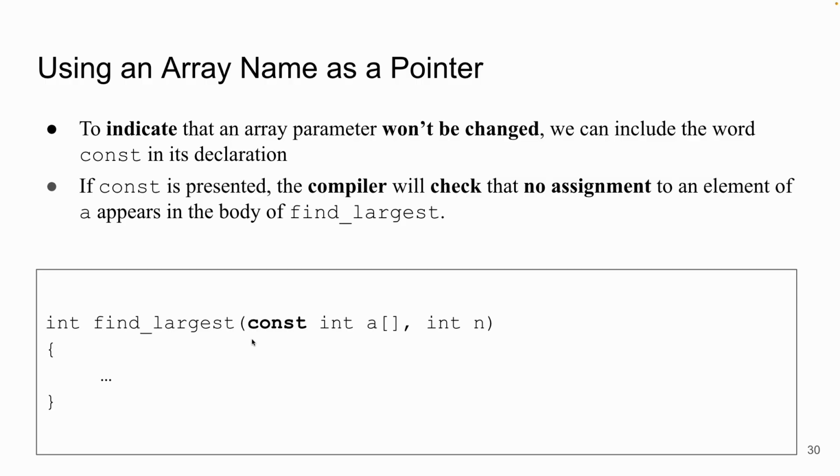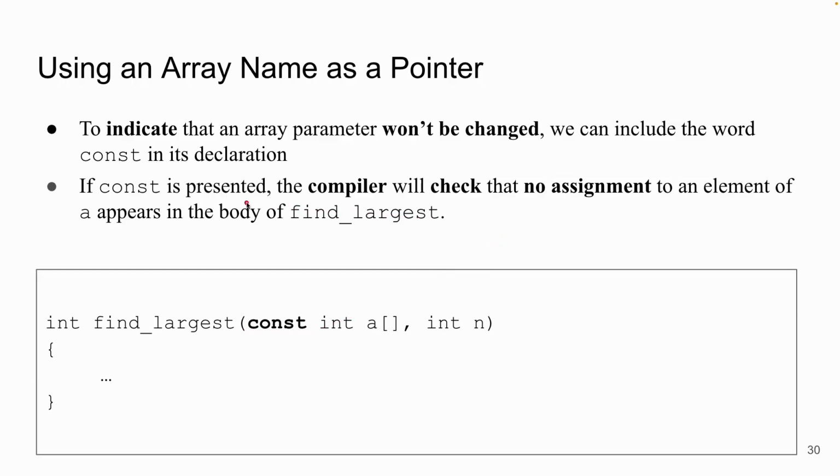So again, if we don't want the array parameter to be changed, we need to use const in the parameter declaration. We talked about this in the previous course. When we define a function and we want to protect a parameter that we don't want the function to change, we can add this keyword const.